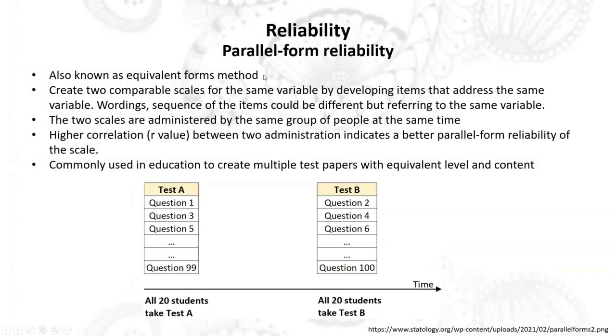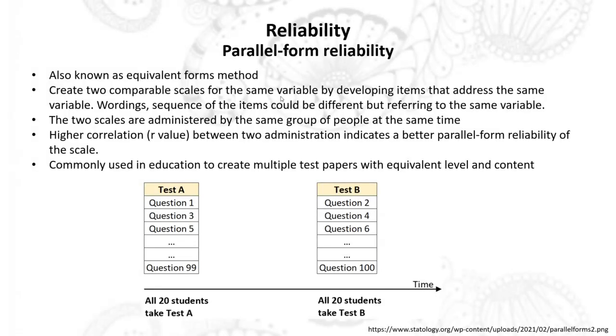There is another term to describe parallel form reliability: equivalent forms. Some books mention equivalent forms as the same as parallel form. Second point, create two comparable tests or scales for the same variable. Because my course is nursing research, I need to develop a test about nursing research.